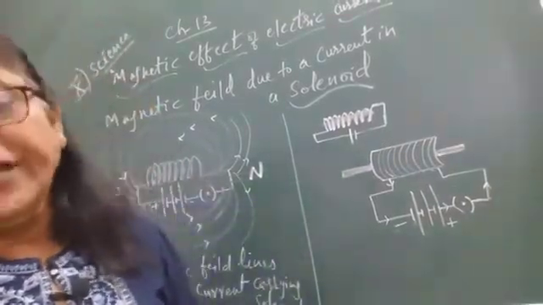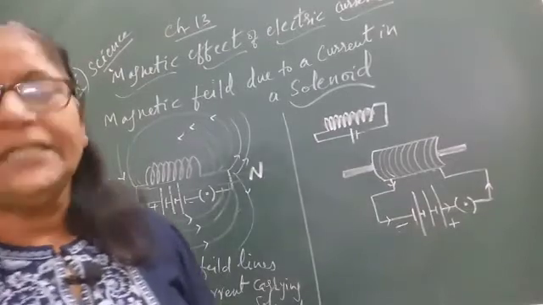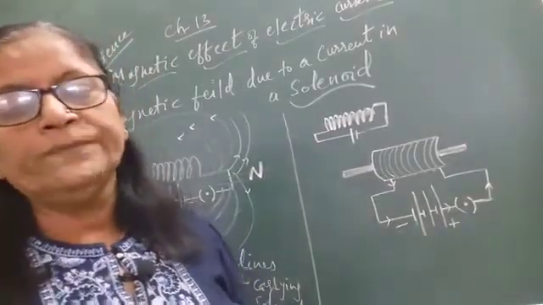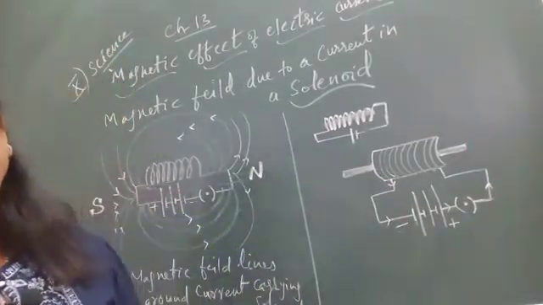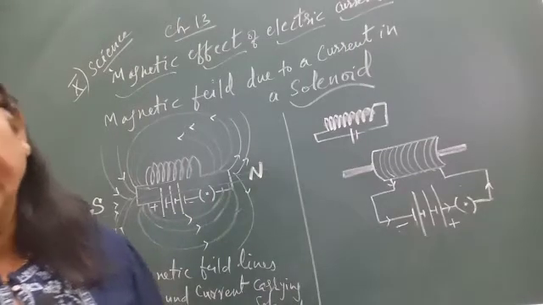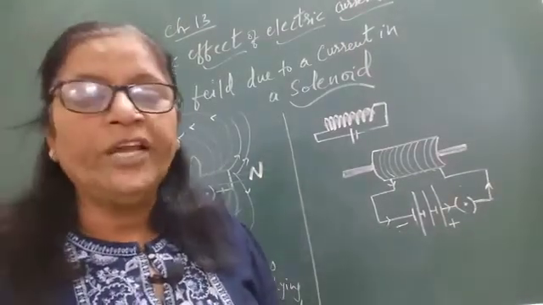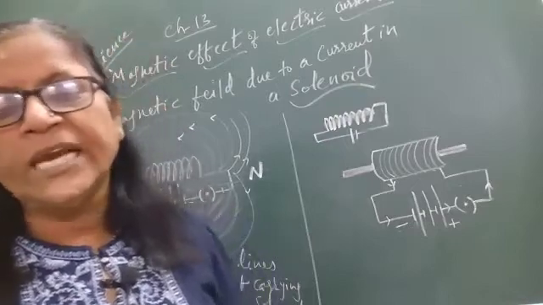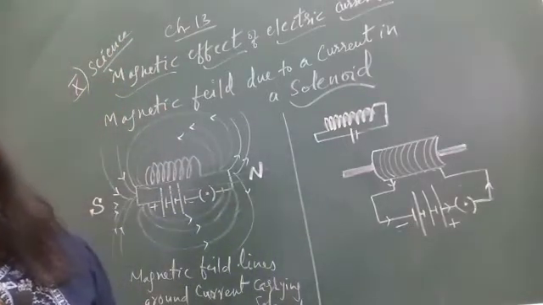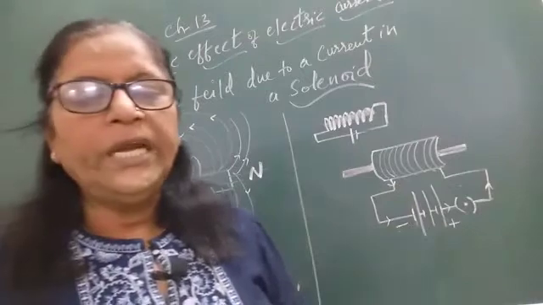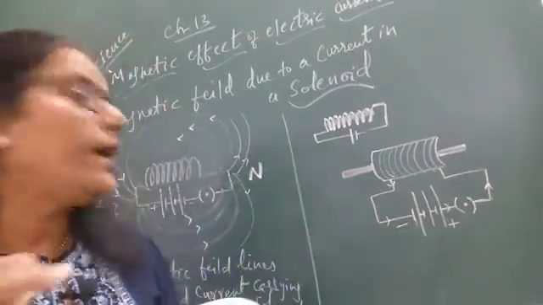Now the strong magnetic field produced inside the solenoid can be used to magnetize a piece of magnetic material like soft iron when placed inside the coil. The magnet so formed is called an electromagnet.